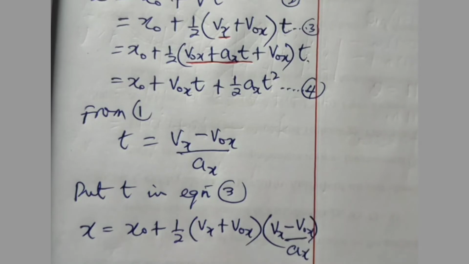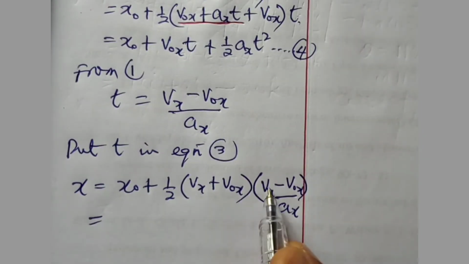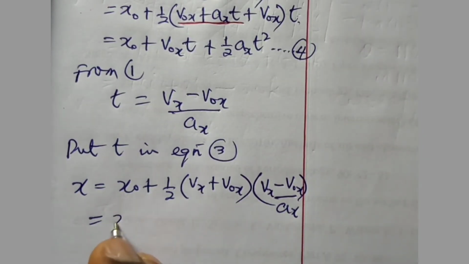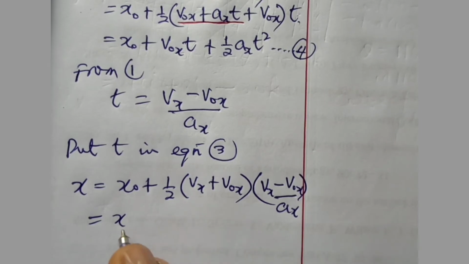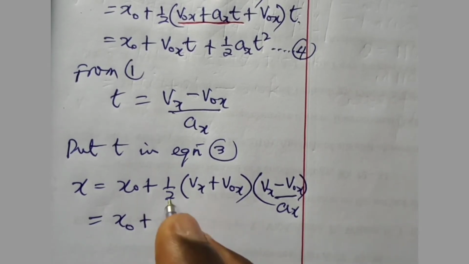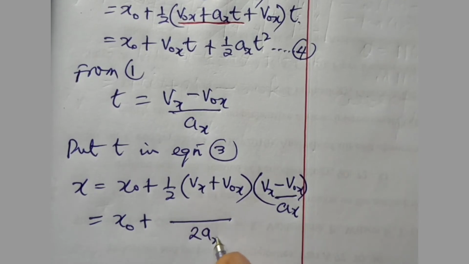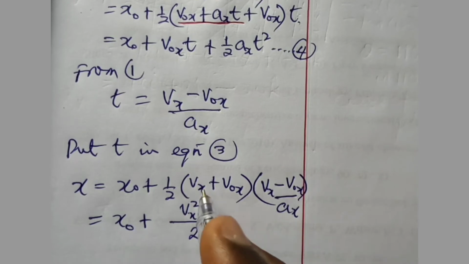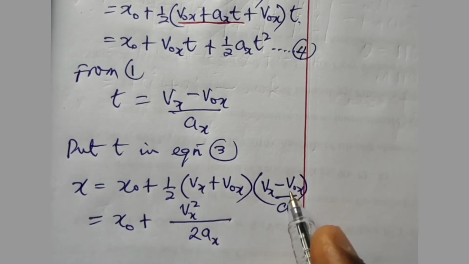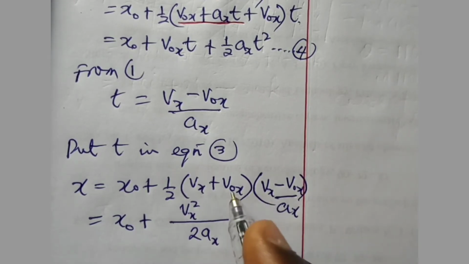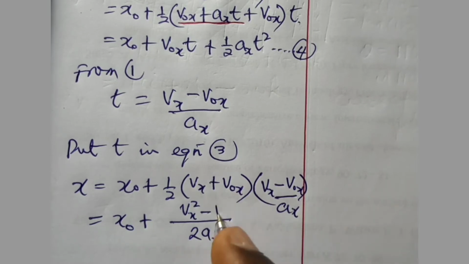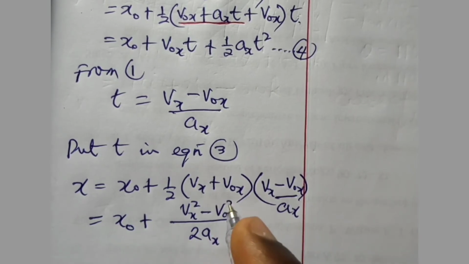So we have a difference of two squares: this times this gives vx squared, and this times this gives minus v0x squared, and the cross terms cancel, all over 2ax.